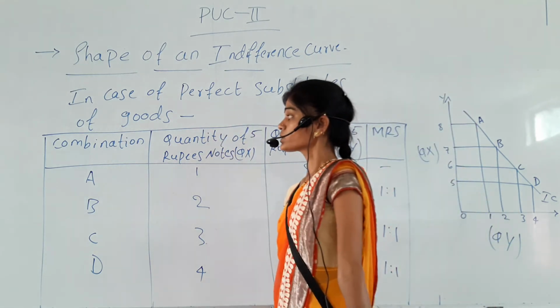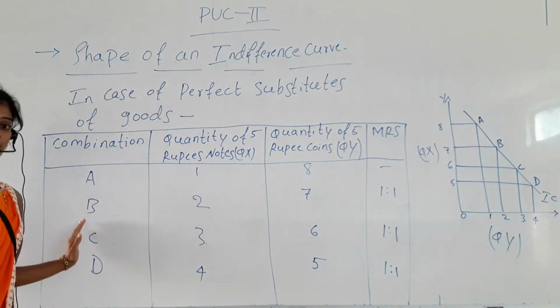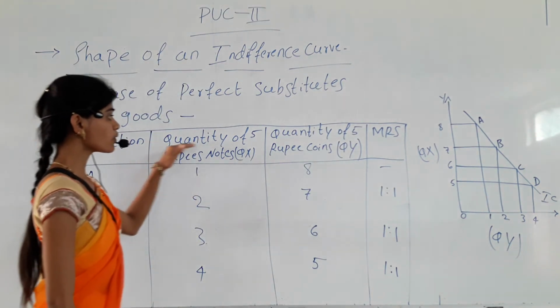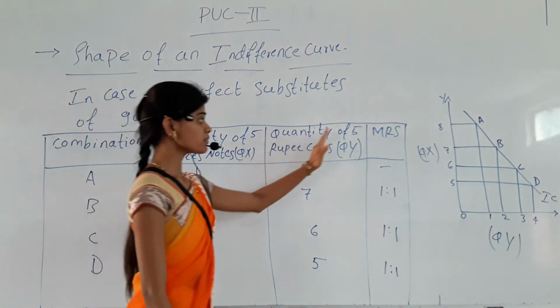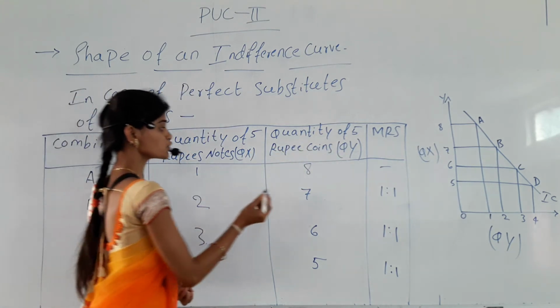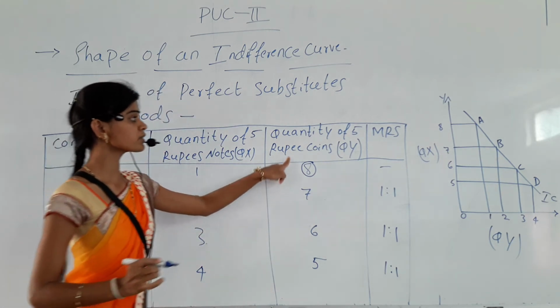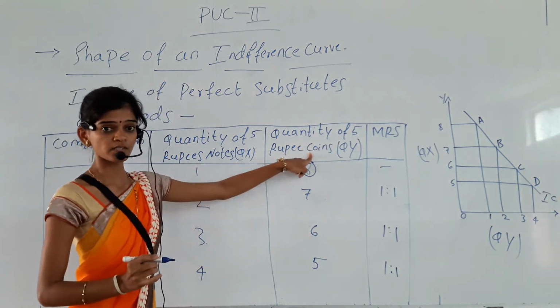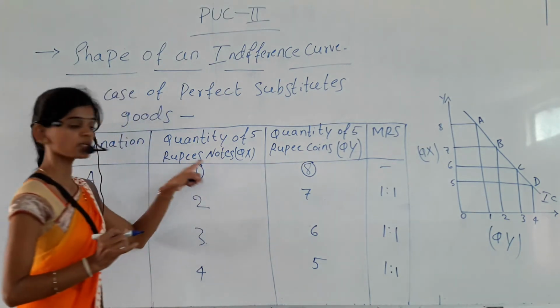So here we have combinations A, B, C and D. Quantity of 5 rupee notes is QX, quantity of 5 rupee coins is QY. See here, a consumer consumed 8 units of 5 rupee coins and 1 unit of 5 rupee note.